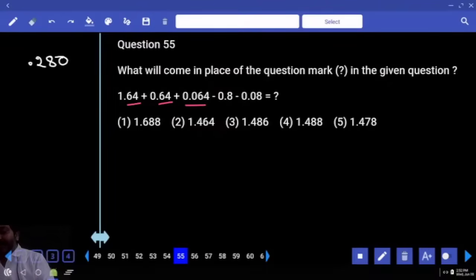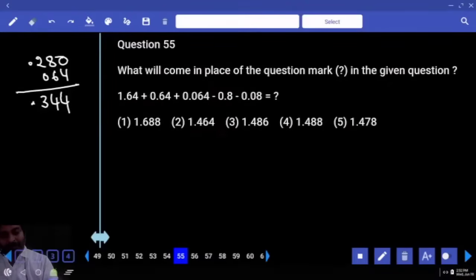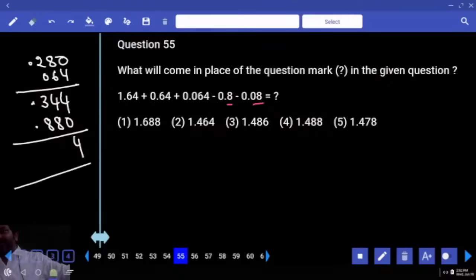If 0.64 is added to this number, it becomes 0.344. Correct? 0.8, 0.08, 0.880. Is it done? Are you doing it? This is wasting time. Last digit, enough, 4.